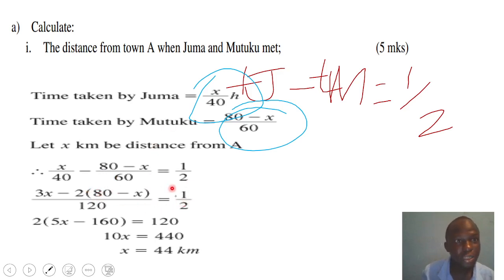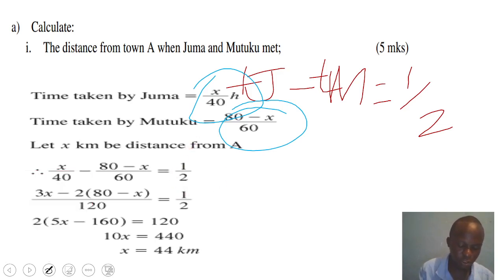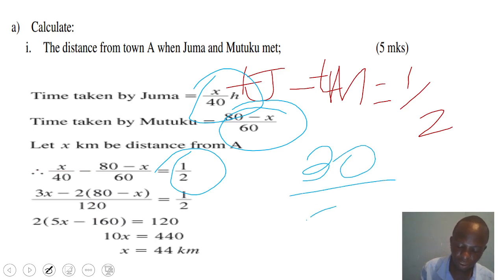Now from this solution, the value of x is 44 kilometers. The answer should be in kilometers because you're talking about kilometers per hour. The time is already in hours, and maybe this is the reason why the time is presented as a half, not 30 minutes. 30 minutes over 60 is equal to a half.